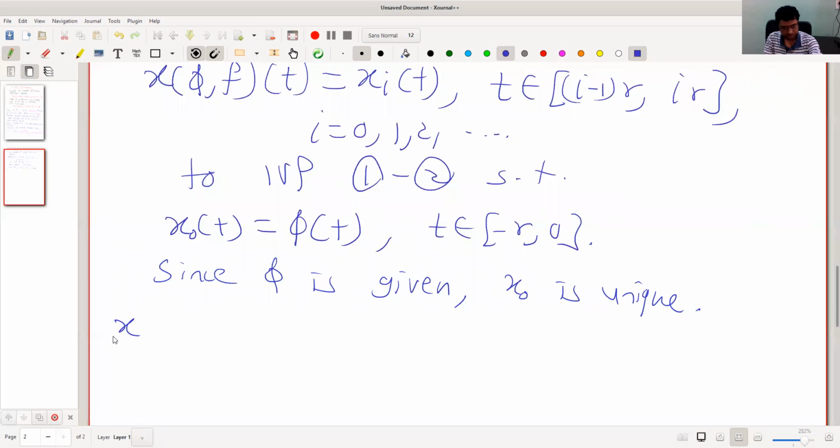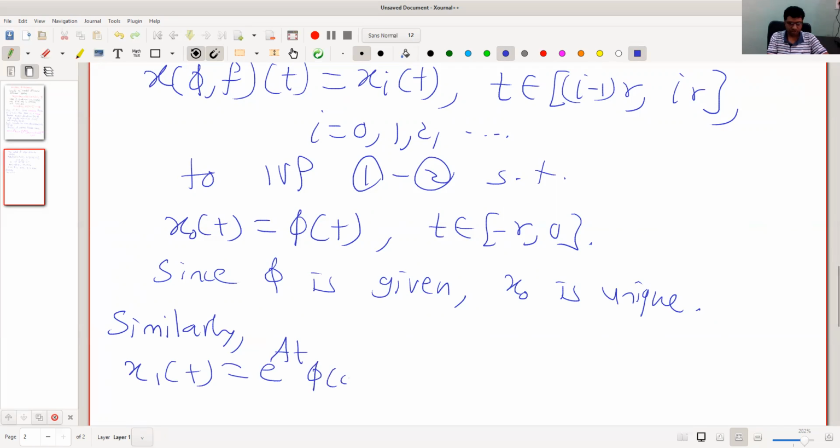Similarly, x1 of t equal to e raised to at phi of 0 plus integral from 0 to t e raised to a into t minus s into b.